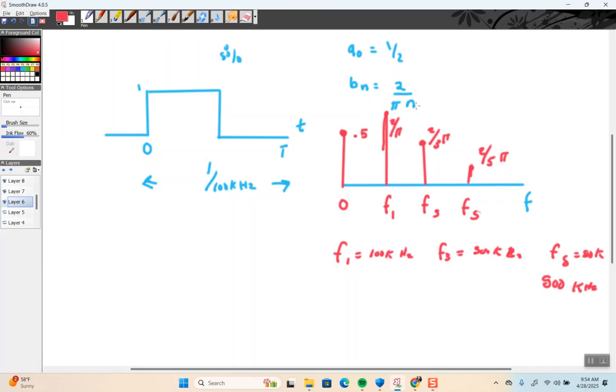Right? So that square wave causes these harmonics, and they go on for infinity.